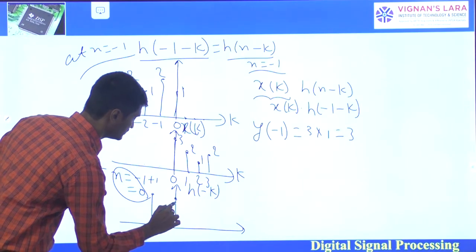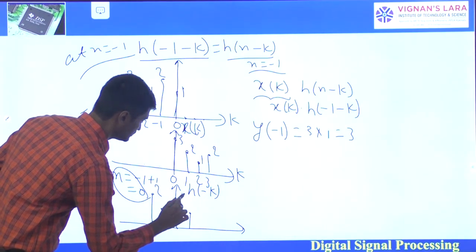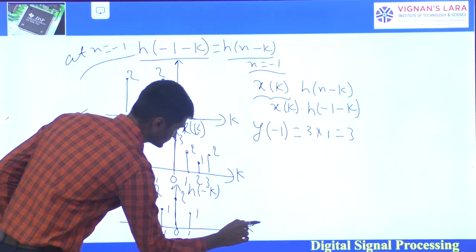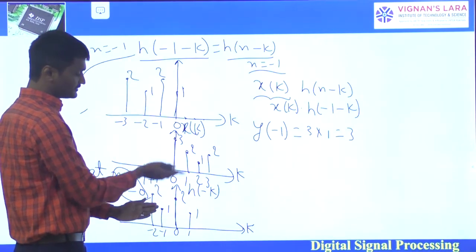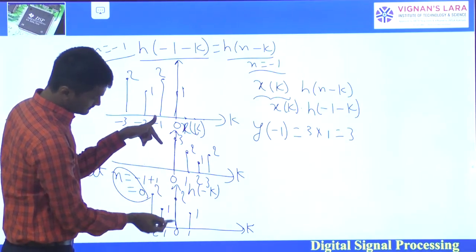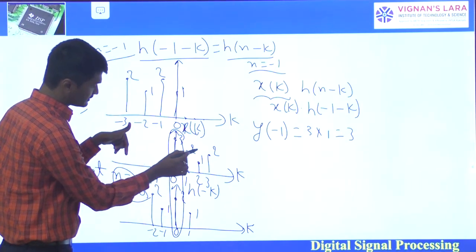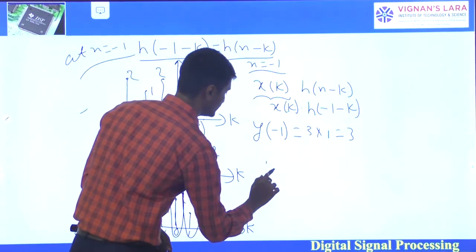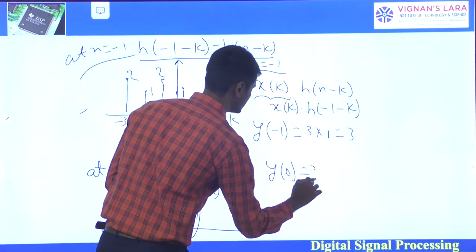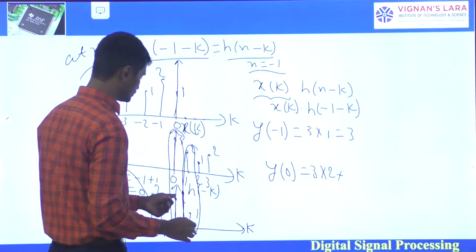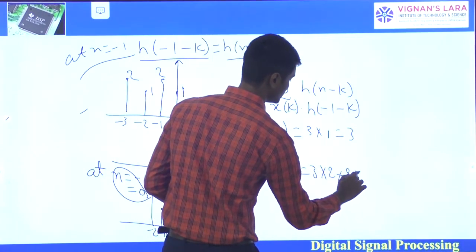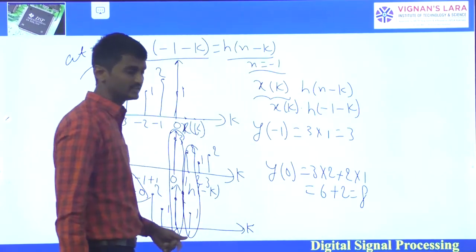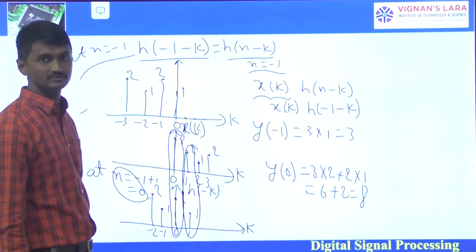Multiply these two: 3 into 2 and 2 into 1. That is y of 0 equals 3 into 2 plus 2 into 1, that is 6 plus 2 equals 8. So y of 0 equals 8.